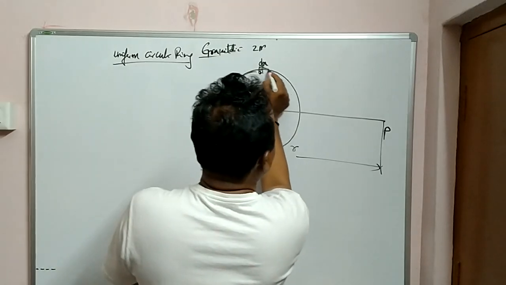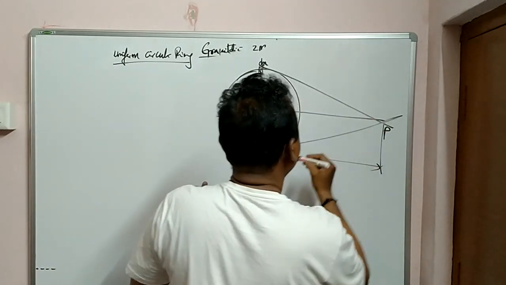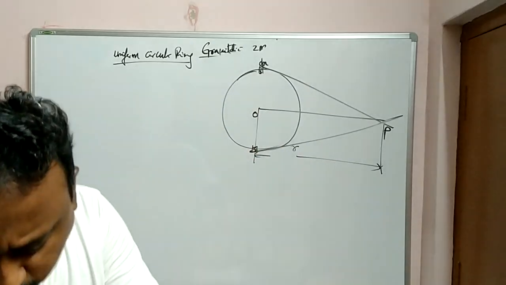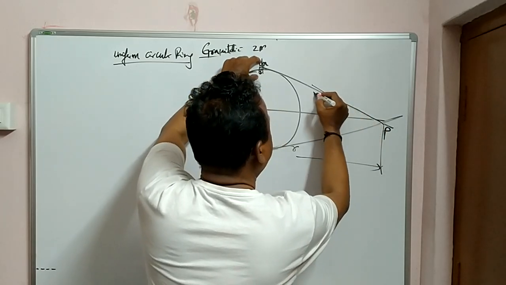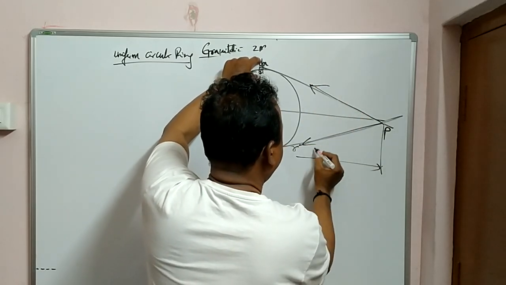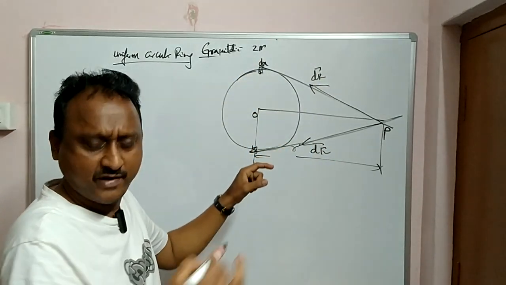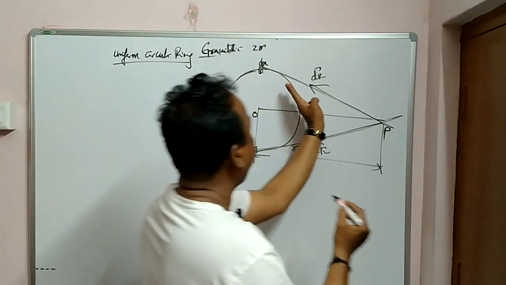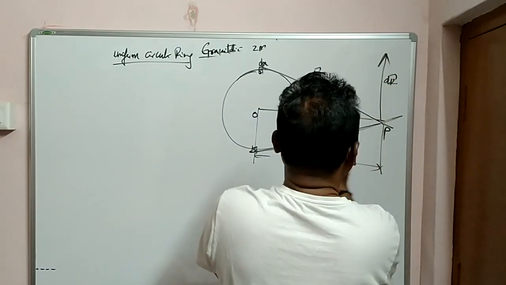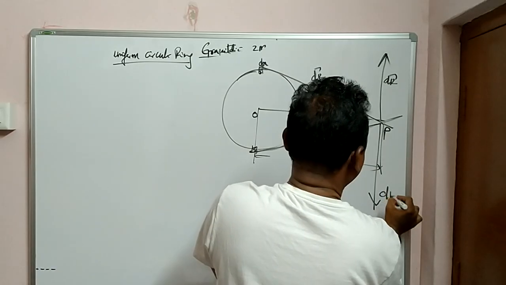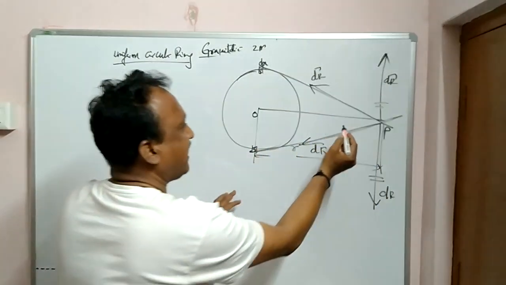Just now I told you, if dm mass is taken, the field is towards the mass. The field around is always towards the mass. So you have the components for this one also: one component like this, another component like this. As you know, these two in opposite directions cancel. And what about the horizontal? They will add up.